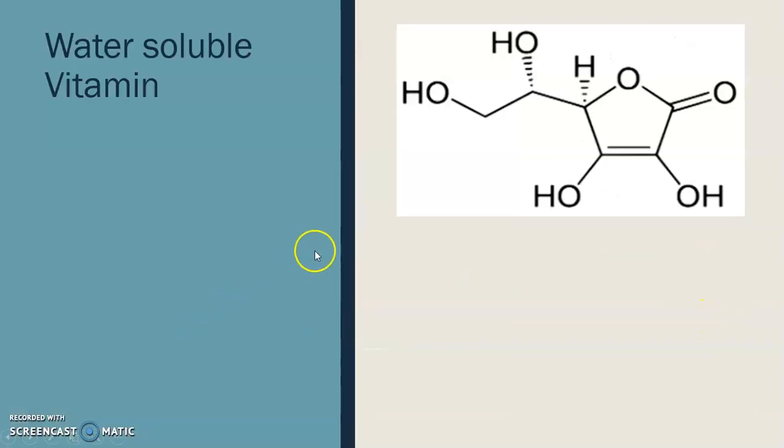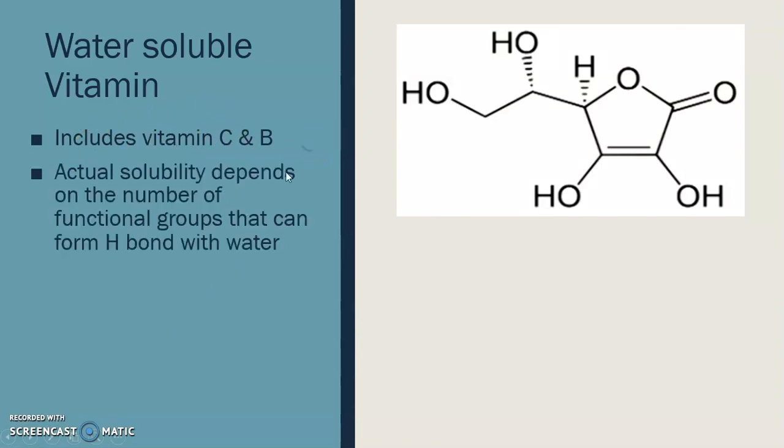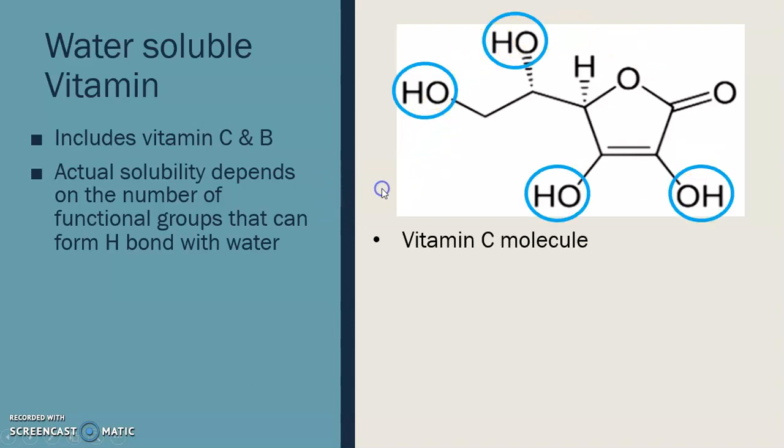Okay. Water-soluble vitamins include vitamin C and vitamin B. The actual solubility really depends on the number of functional groups that can form hydrogen bonds with water. For example, this is a vitamin C molecule, and you notice that it has a lot of hydrogen bond forming functional groups.